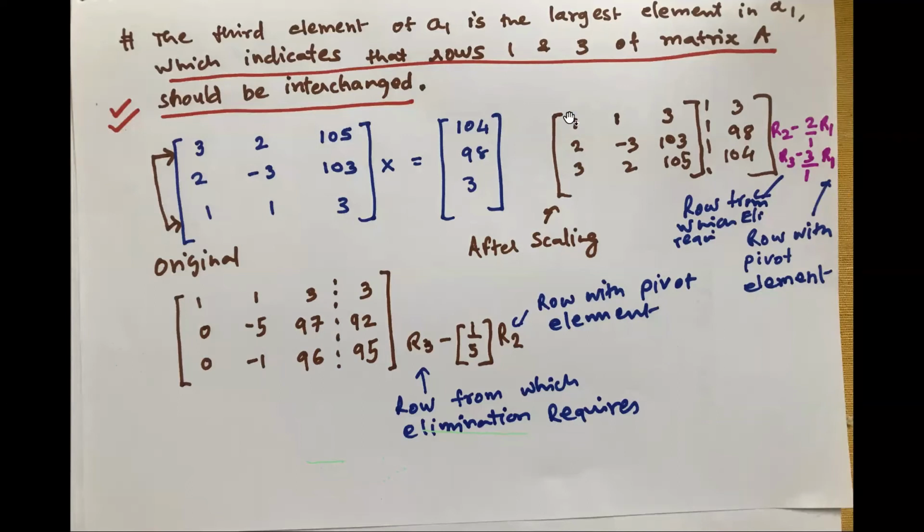So we have interchanged the first and the third row, and normal elimination, that is Gauss elimination operation, is being applied, and finally we are getting this matrix. Now you have to tell me whether we have to do scaling or not, or will it really help us in choosing the pivot element?